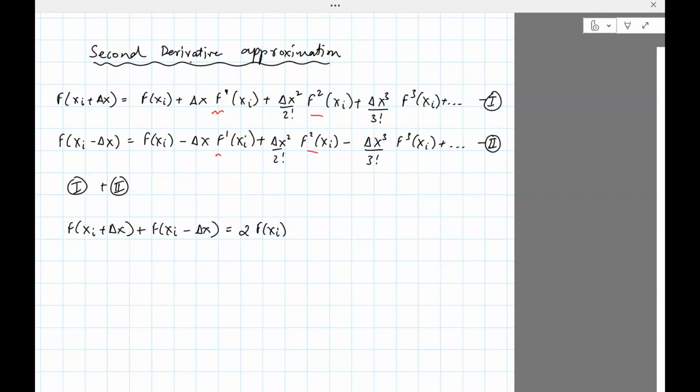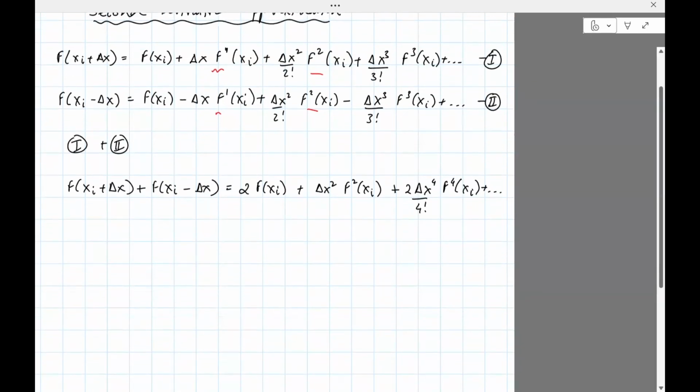That's the first term. The second terms cancel off with each other. The third term, 2 factorial is 2, so delta x squared f2 xi. The fourth term will cancel, and then the fifth term will be delta x to the fourth over 4 factorial f4 xi, plus so on.